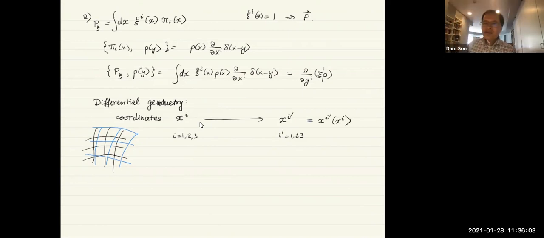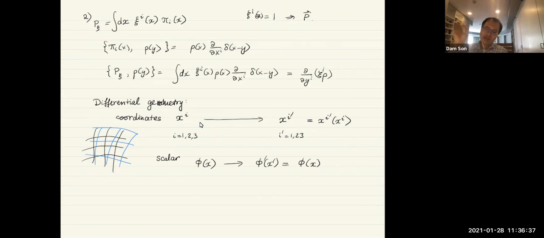Under the coordinate transformation, one defines how different objects, different tensors, transform. A scalar transforms in a rather simple way. Phi of x goes to phi prime of x prime, which is a function defined so that it is equal to phi when we replace x prime by its expression in terms of x.